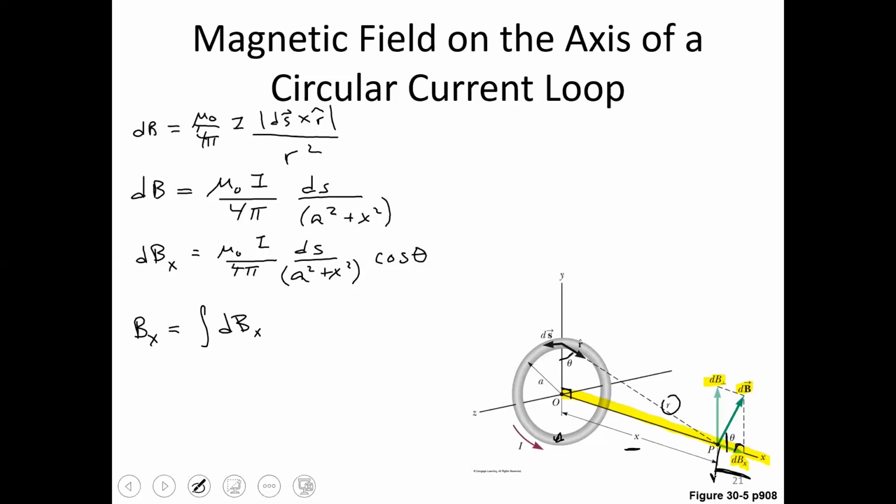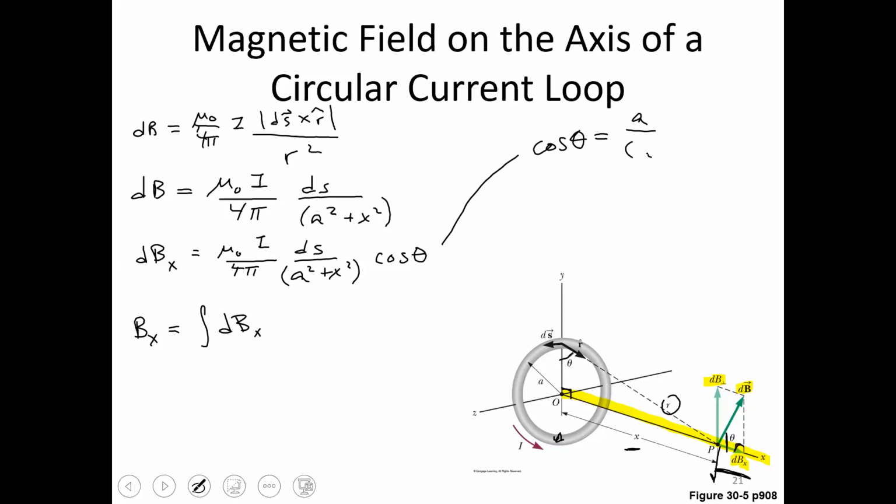To do that, I want to rearrange some of my information. So I want to take this cosine theta and rewrite it in terms of this larger triangle that I have, with a, x and r. So I can rewrite my cosine as my adjacent side over my hypotenuse.